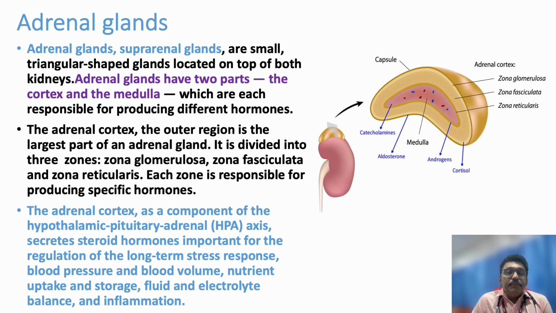The adrenal cortex is a part of the hypothalamic pituitary adrenal axis. It secretes steroid hormones important for the regulation of long-term stress response, blood pressure, blood volume, that is volume retention or volume removal, sodium retention, sodium removal, nutrient uptake and storage, fluid and electrolyte balance, and inflammation.